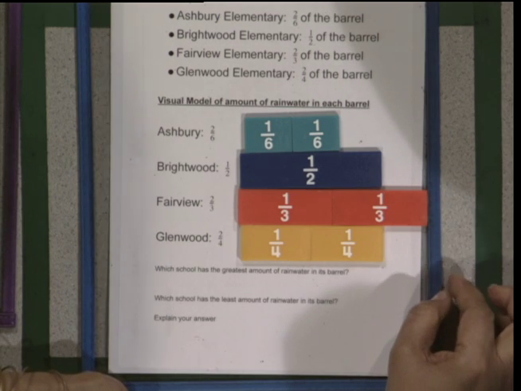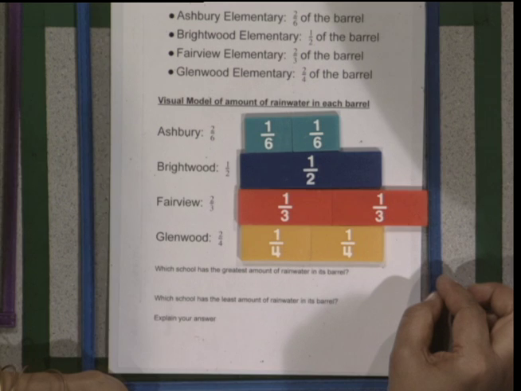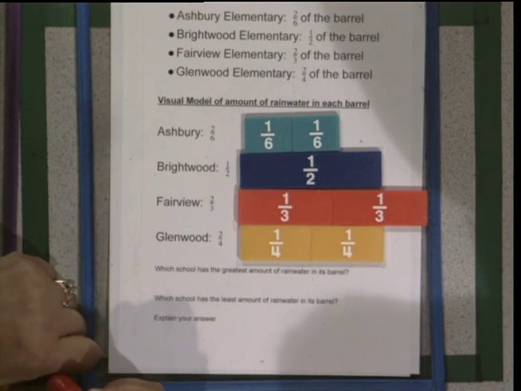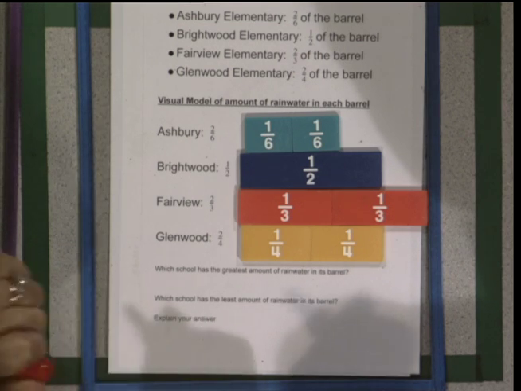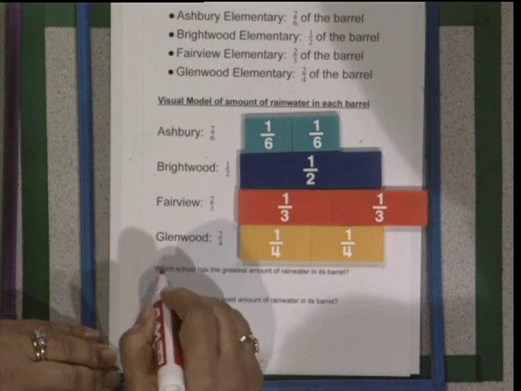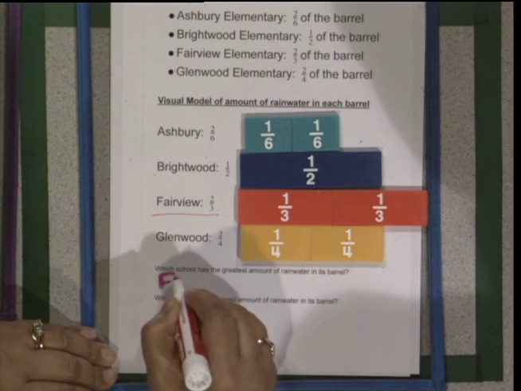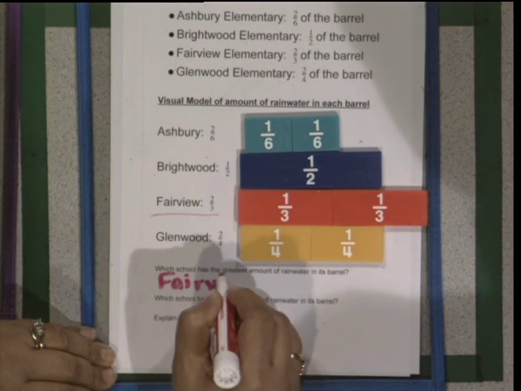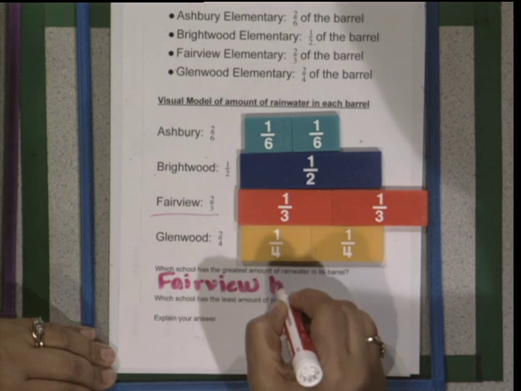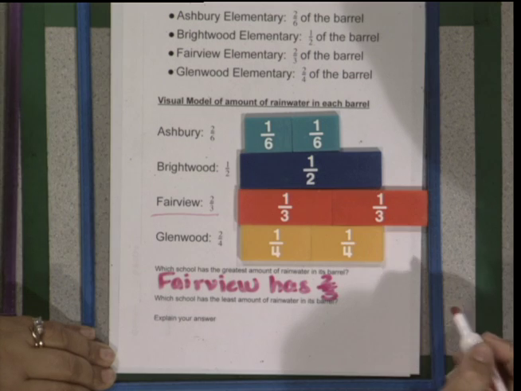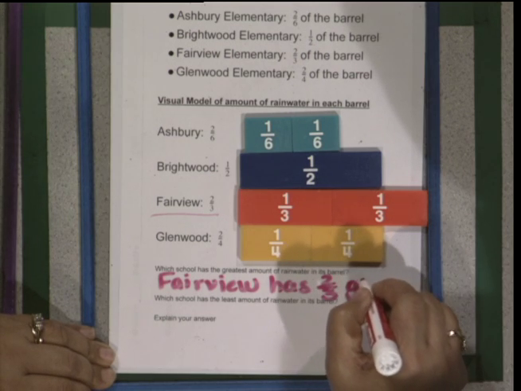I notice immediately that Fairview Elementary with 2/3 has the greatest amount of water. So we can answer the question, which school has the greatest amount of water in its barrel? Fairview has 2/3, so it is the greatest.